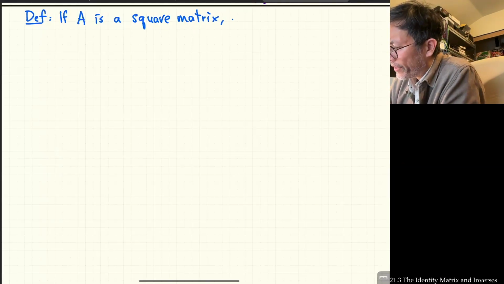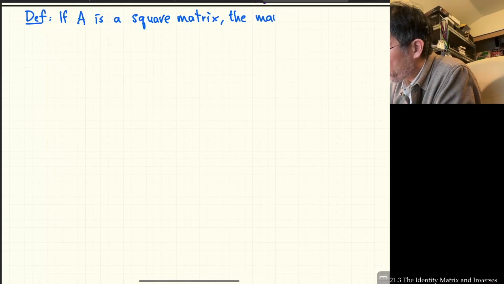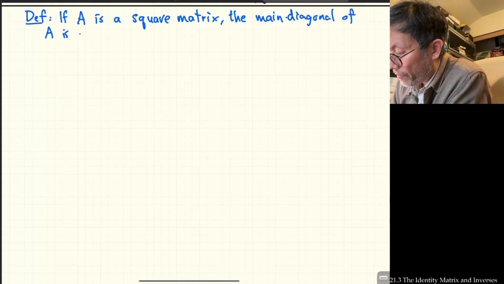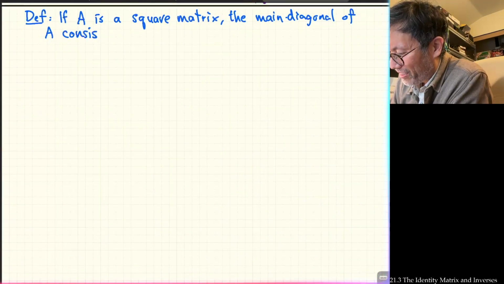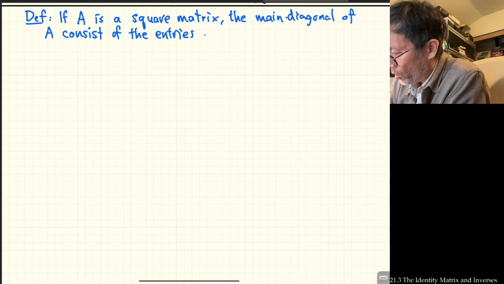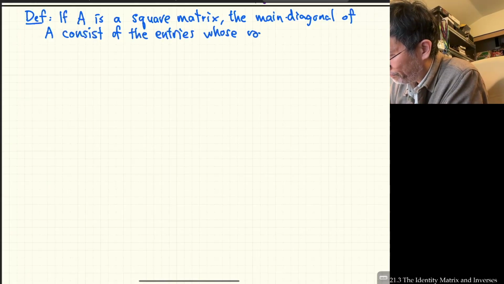The main diagonal of A consists of the entries whose row index is equal to its column index.